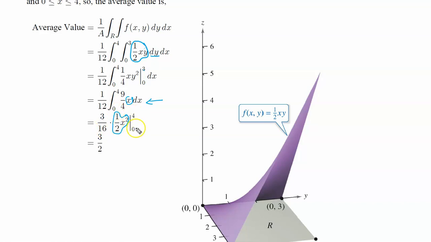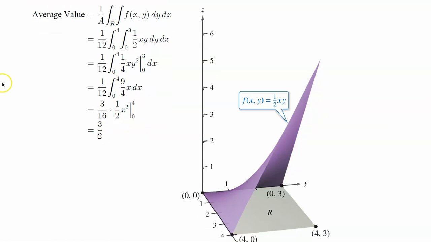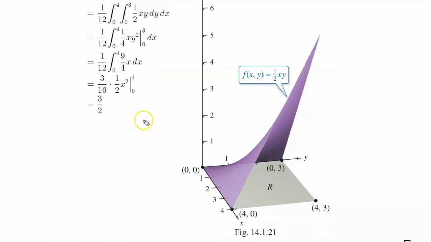Evaluate this from 0 to 4. 4 in for the x, 0 in for the x, and subtract, and you get 3/2. And there you go. That is your average value. So the average value for this function that we have pictured over here is 1.5, which is about right there on the z-axis.